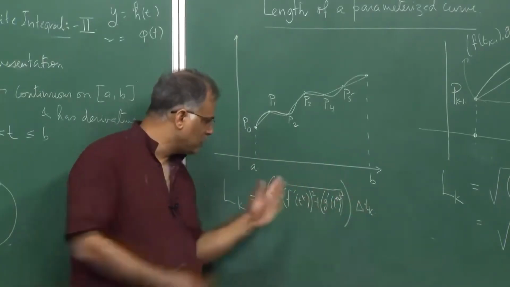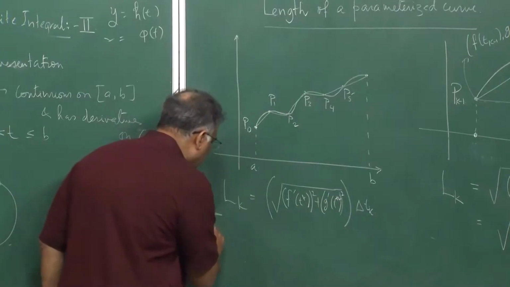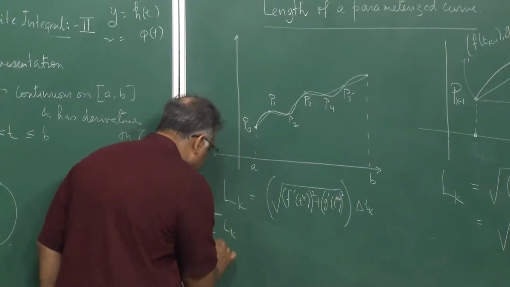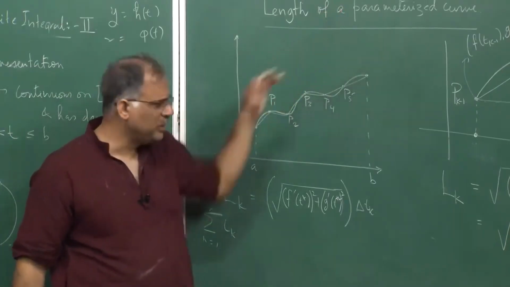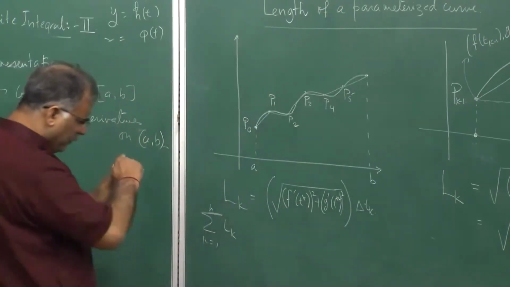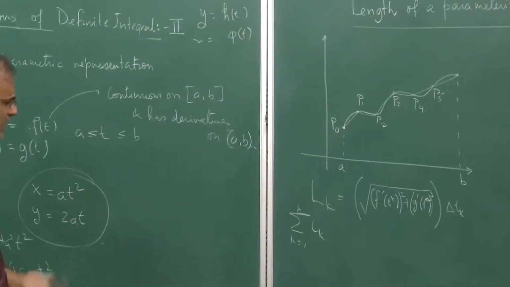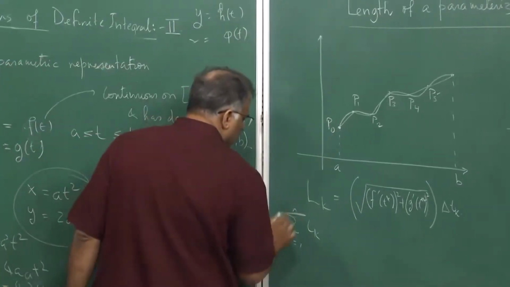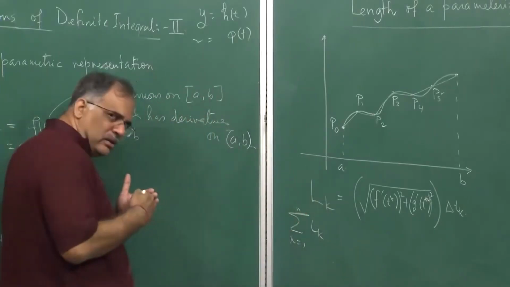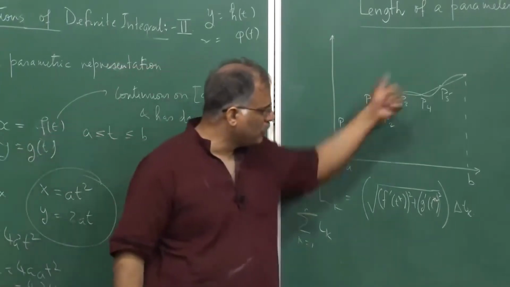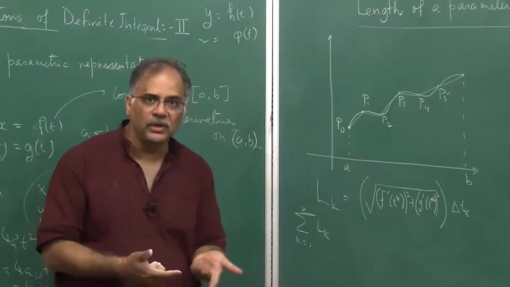If you sum the L_k, you get the length of the piecewise straight line curve, the curve formed by the piecewise straight lines. That length will come more and more near to the length of the actual curve as n tends to infinity.